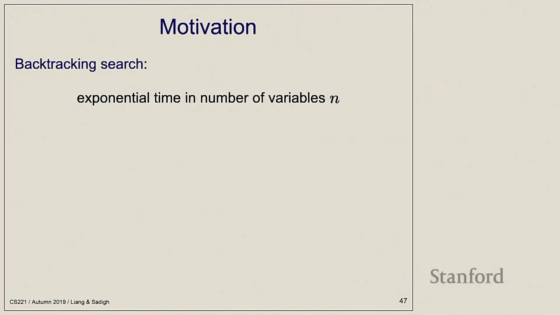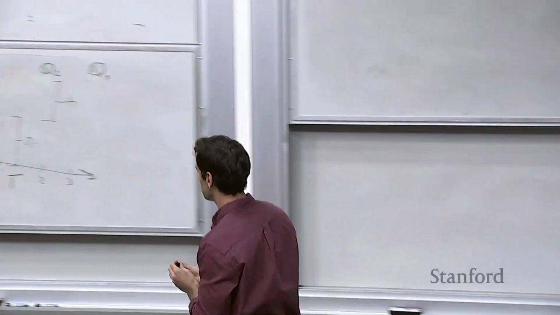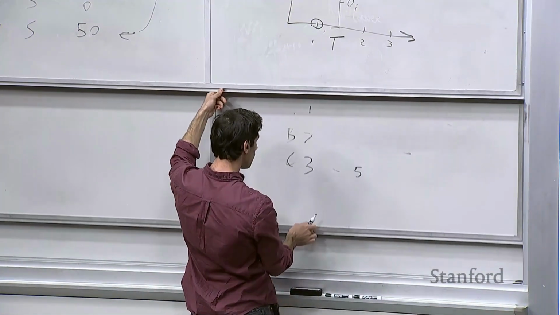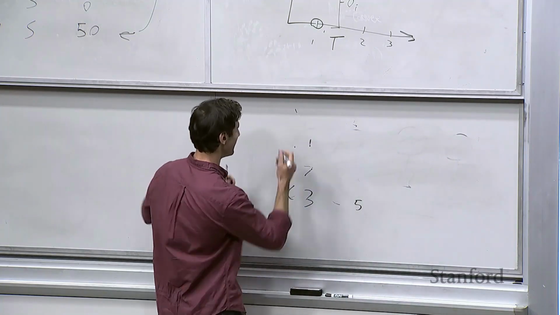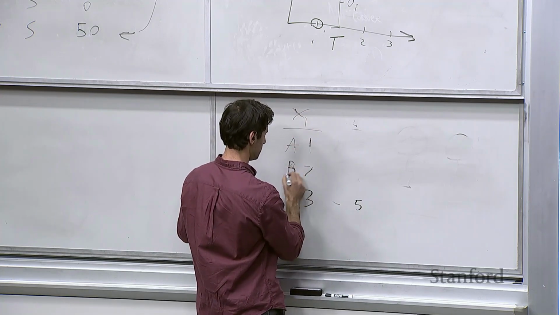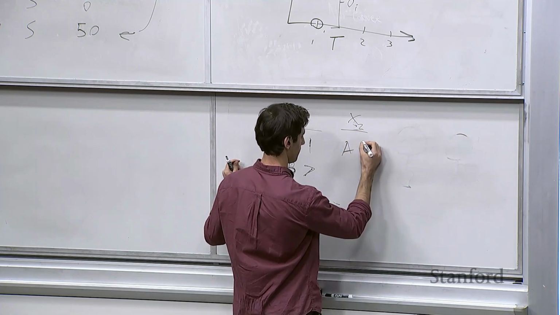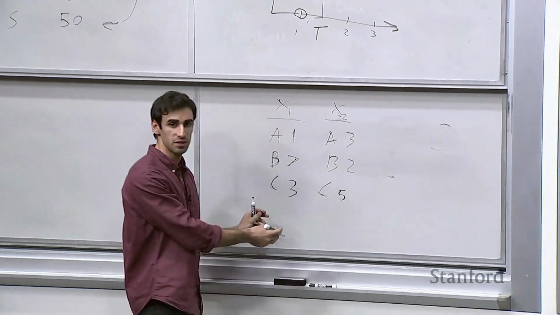So what is this? It's called independence, and it can speed things up. Just like I said before, if we write this down again, this is the same example as before.